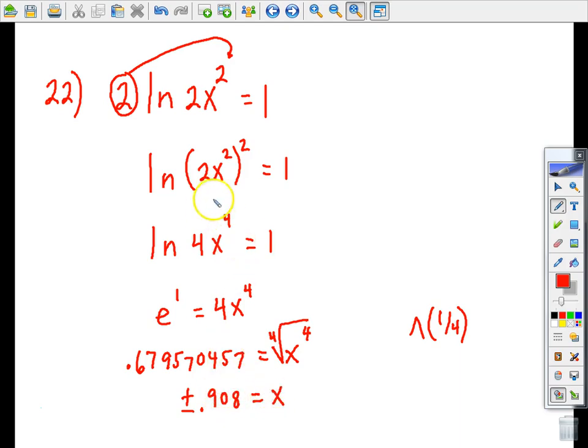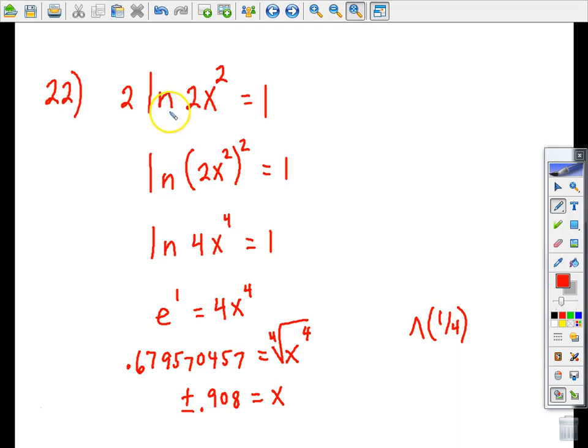Okay, now, once again, let's go back to the original problem. All right, I'll clean this up a little bit. And let's just see if the negative number, that's the one we're usually worried about, does the negative number work? Are we going to be evaluating the log of a negative number? Well, if we substitute negative 0.908 in for x and square it, it's no longer negative.